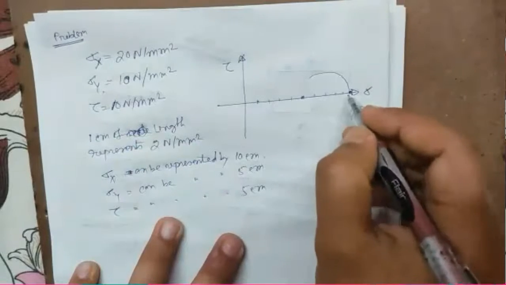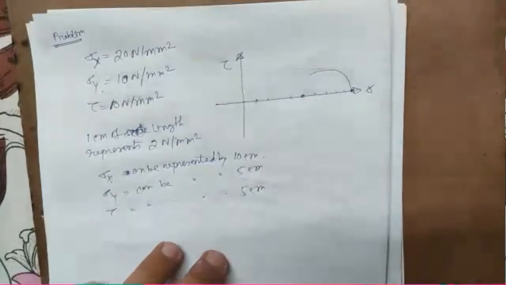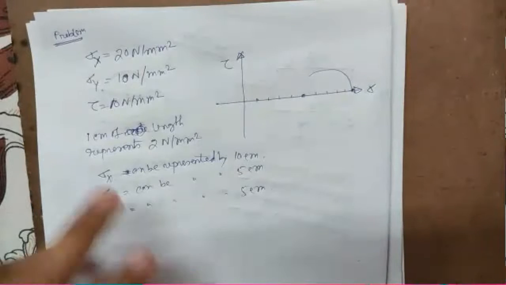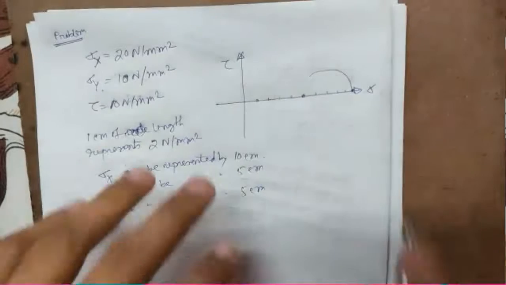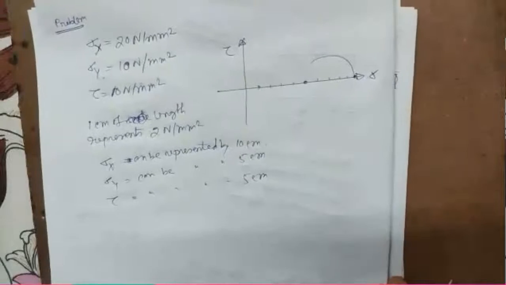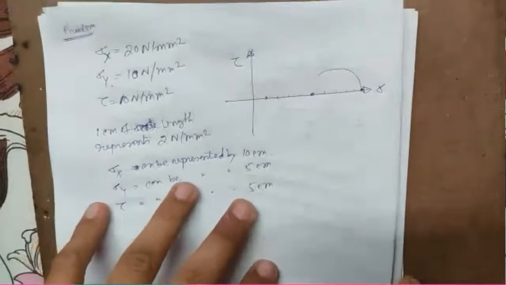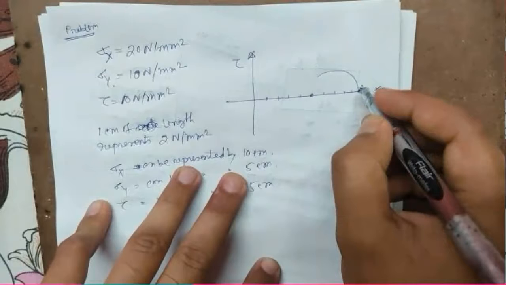If shear stress is here, it is not given along which direction it is, clockwise or counterclockwise. So you can take any direction. Okay, direction is not given. So from sigma x, you can take positive or negative because it is not given.